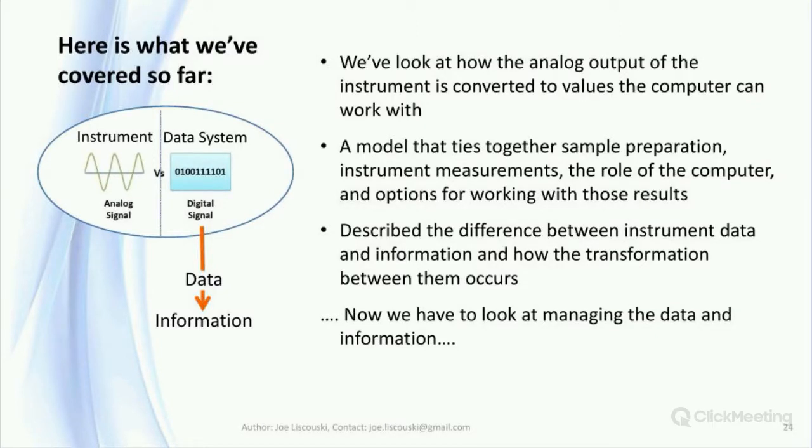The next step in our work is to look at how data and information are managed, the options available to you, and the ramifications of those choices. The goal is to help you prepare for the design of a computing architecture that meets your lab and organization's needs.